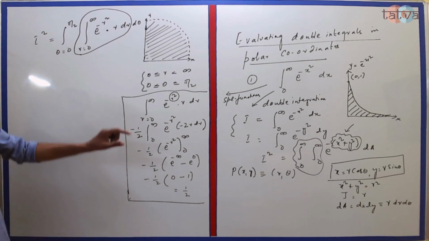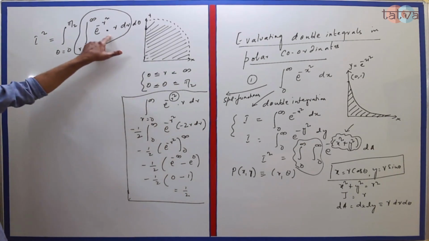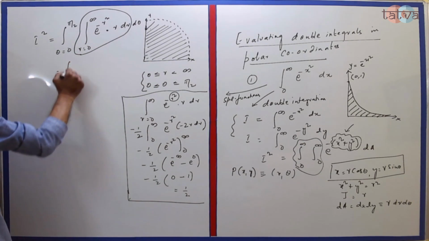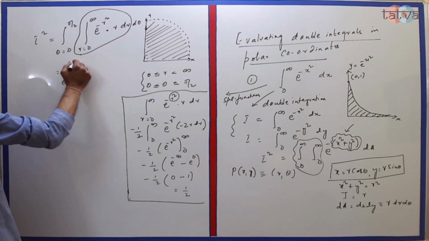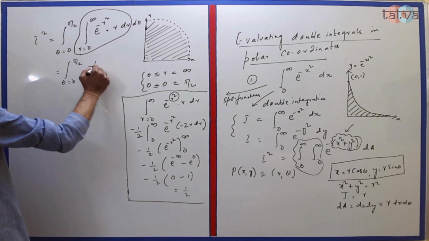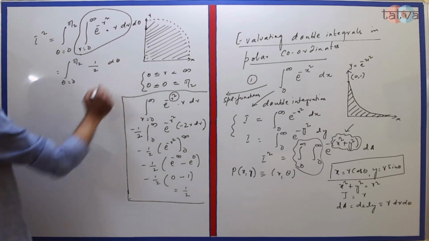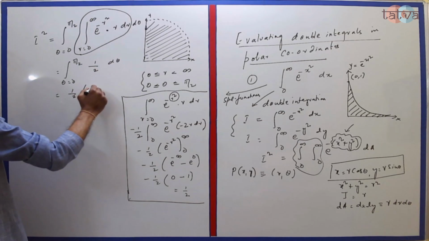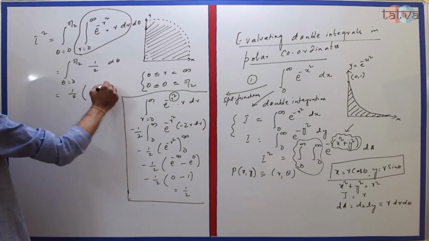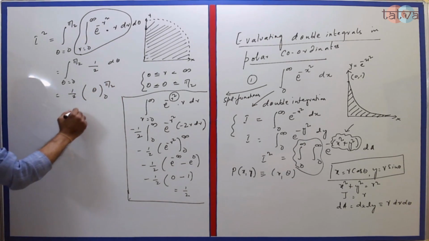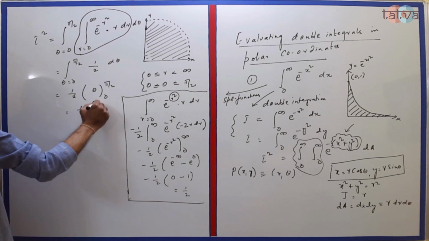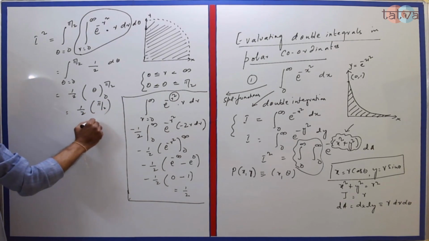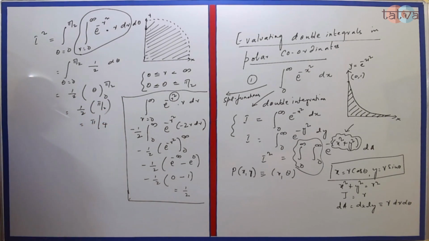I can paste this result here and then have theta equal to 0 to pi by 2, half d theta. Now it's extremely simple. The integration of that is theta from 0 to pi by 2. So it is half times pi by 2 or pi by 4.